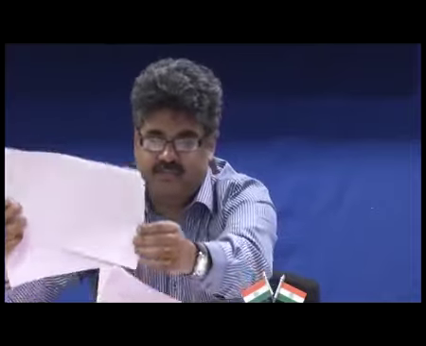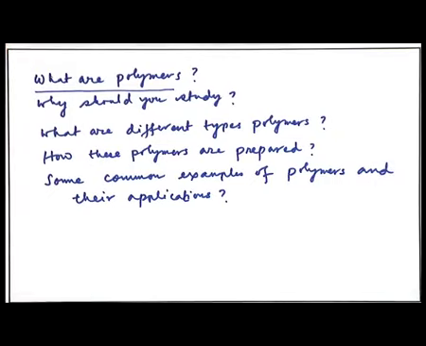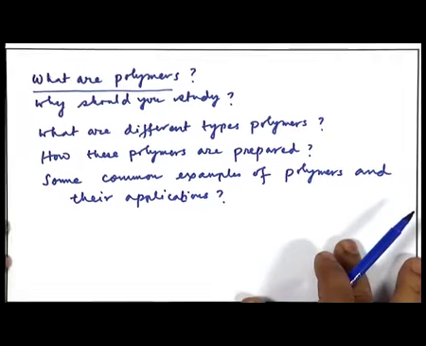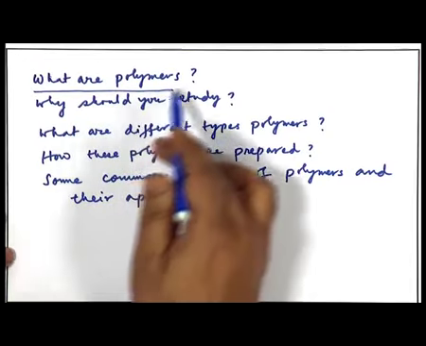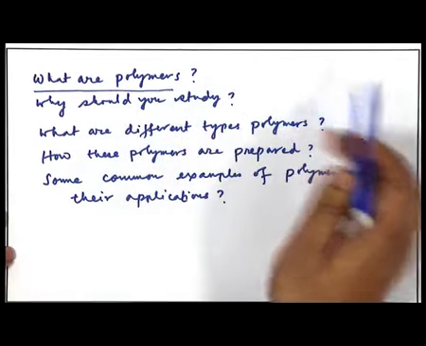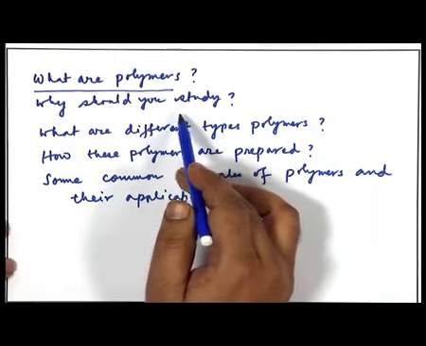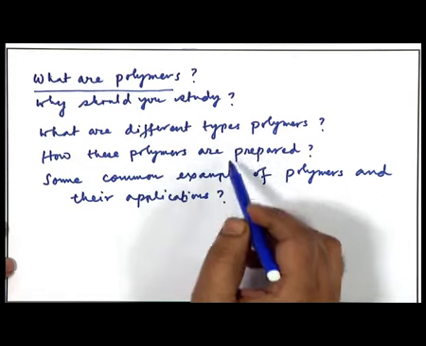But anyway, we have studied polymers, and if you recall the first lecture, we talked about what we would discuss in this unit. What are polymers? We talked about polymers, monomers, repeating units, and why you should study polymers.